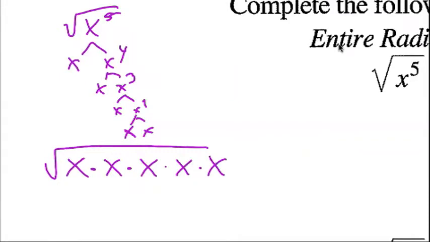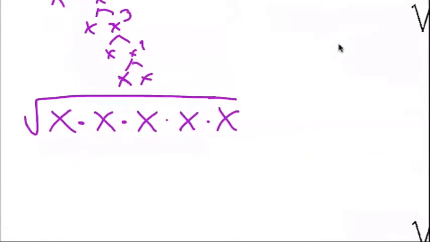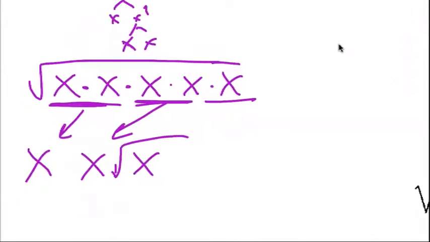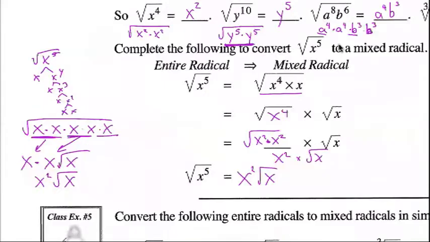There's 5 of them. This is square root, so I look for groups of 2. There's a group of 2, that's going to give me an x on the outside. There's a group of 2, that's going to give me an x on the outside. What am I left with? That lonely x, square root x, and I'm going to multiply these together, x squared, square root x.